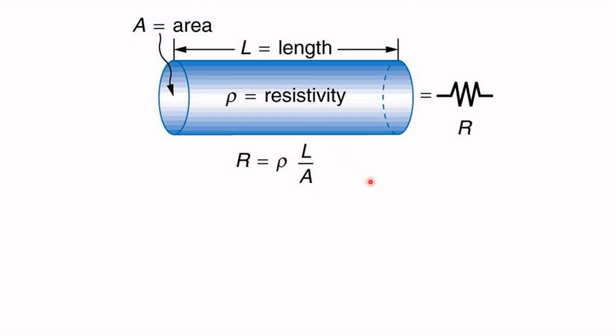If you want to find the resistivity, then it will be ρ = R A/L. And if you want to know the conductivity, you must invert the resistivity value. 1/ρ will be the conductivity.